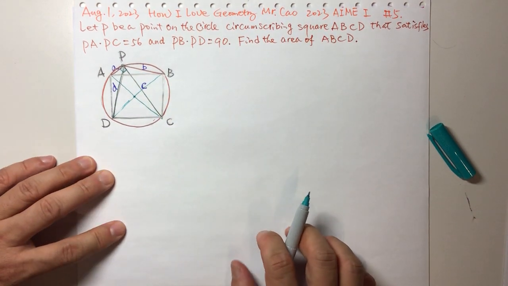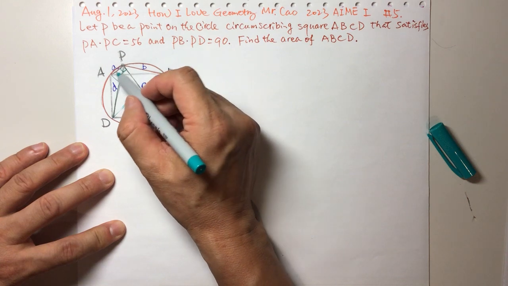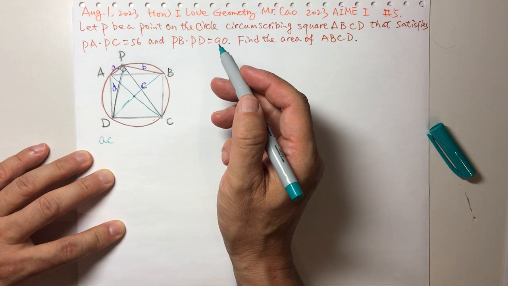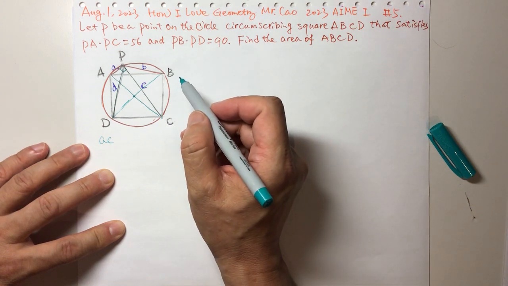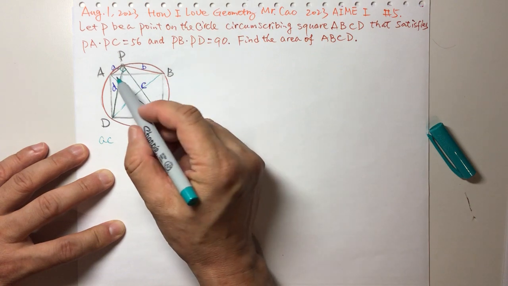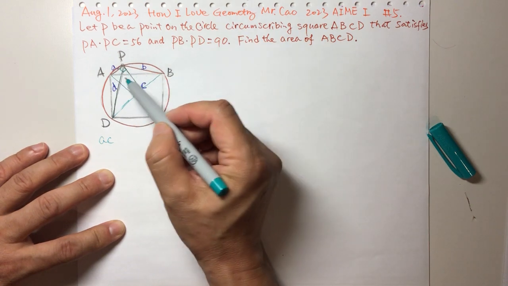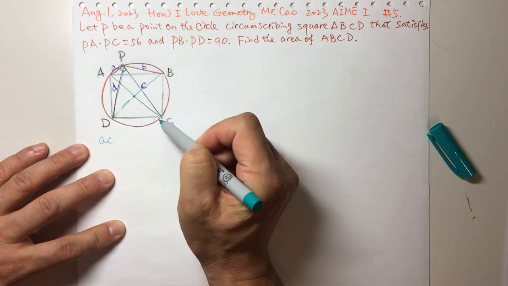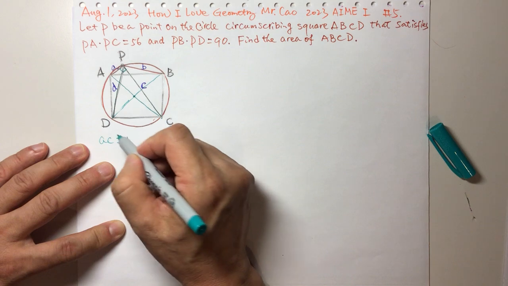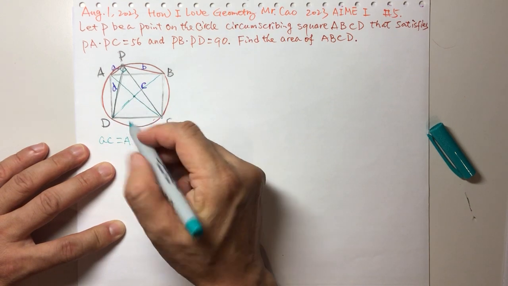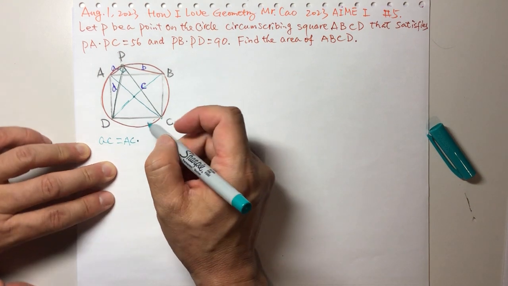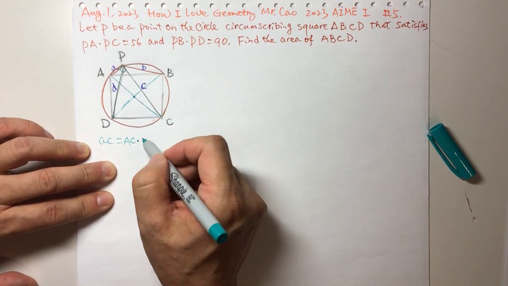And in the right triangle APC, twice the area equals AC times the height on the hypotenuse AC.